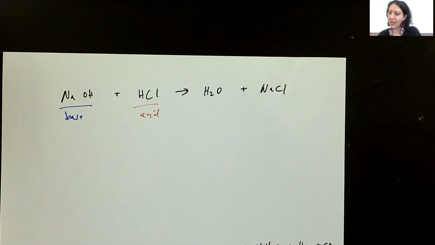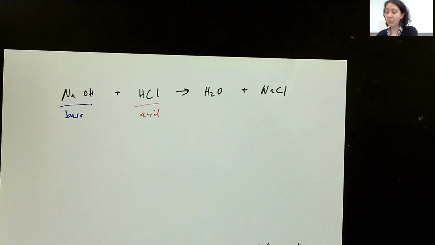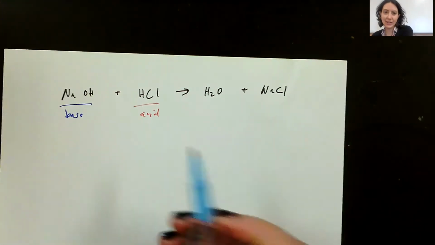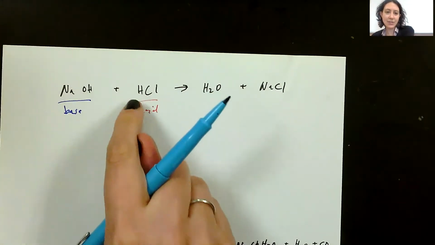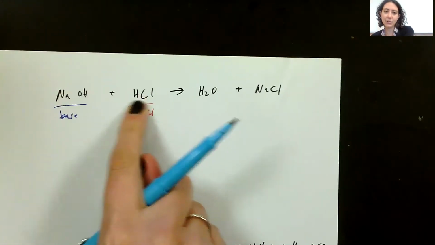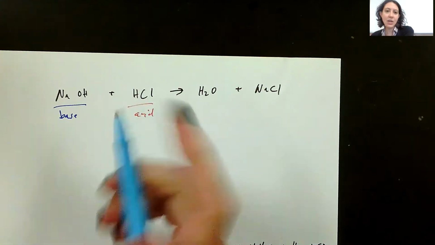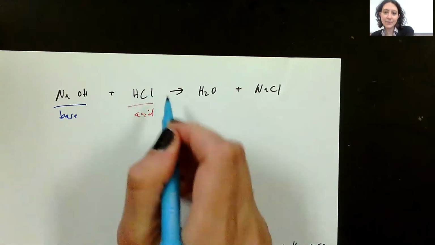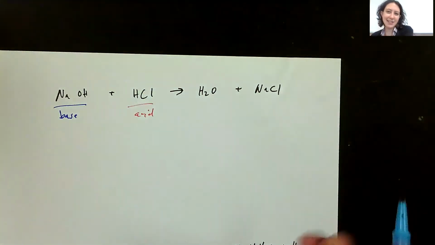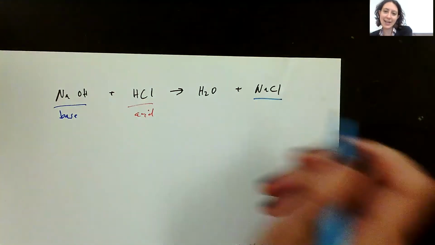So in this case, we have our acid here. The question is, what does this become after it's given up its hydrogen? It's going to form what we call a conjugate base. It's the base that is connected to that acid. After this hydrochloric acid, HCl, has given up its hydrogen, what's left is the chlorine. So we have to find the species that has the chlorine in it, which in this case is the NaCl.